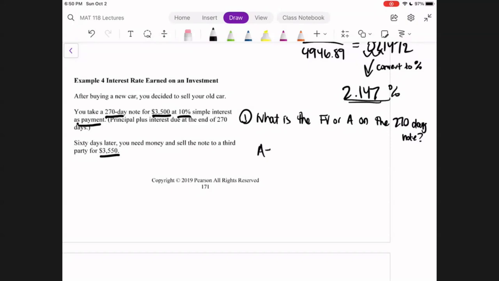So we have A equals, the note is for 3,500. The interest rate is 10%. And the time is 270 over 360. So we compute all this in our calculator. So just multiply it out, see what you get. So practice that you can do this on Desmos or your calculator.